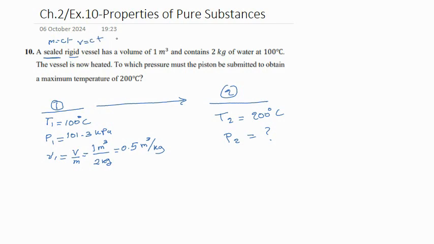This means that the specific volume, defined as volume over mass, is also constant between the two states. Hence, in this case, specific volume 2 equals specific volume 1. So now we have the two independent intensive properties, the specific volume and the temperature. Now we will be able to find our state, and then we can find our pressure value.